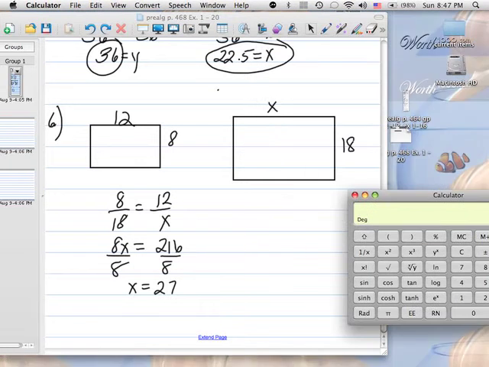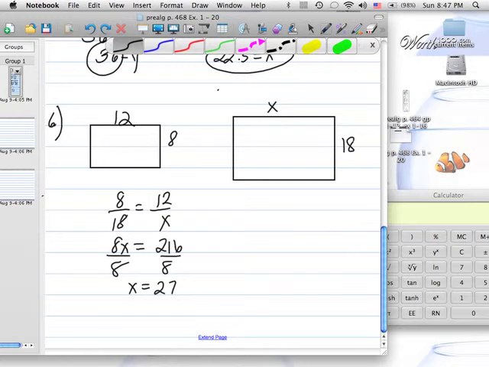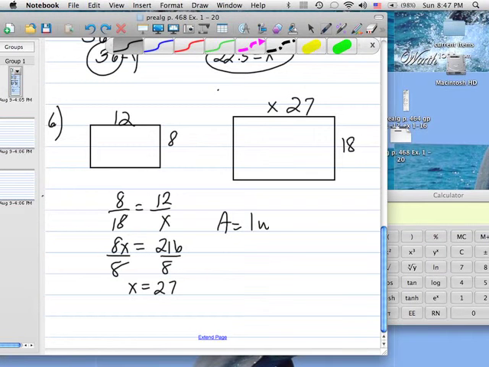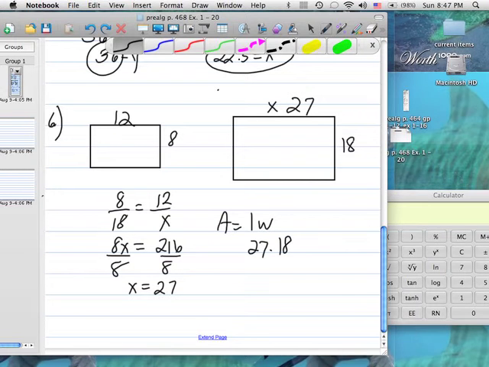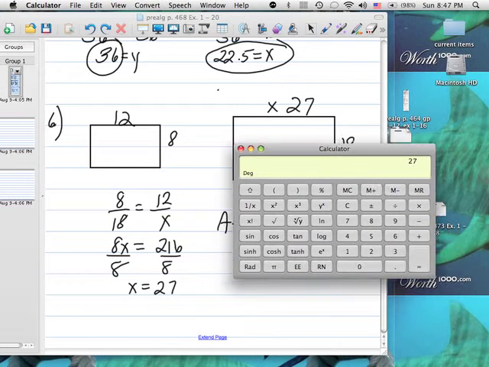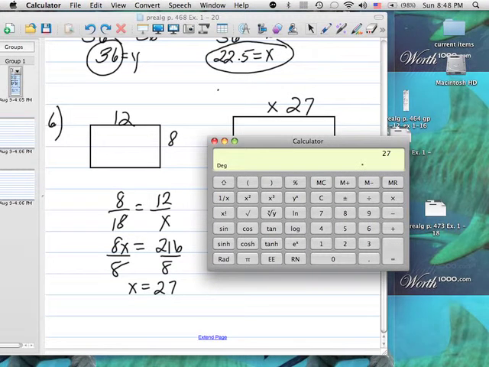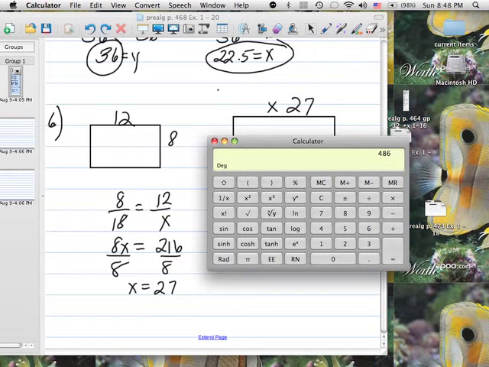So we know the length of this one is 27. So its area is length times width. So it'd be 27 times 18, which is 486 square feet.